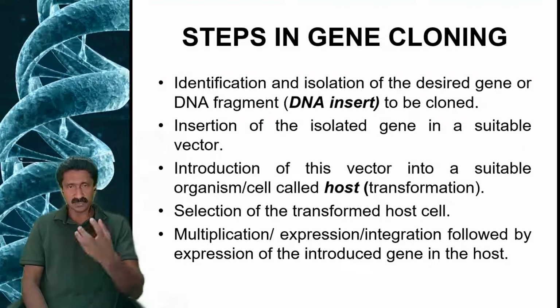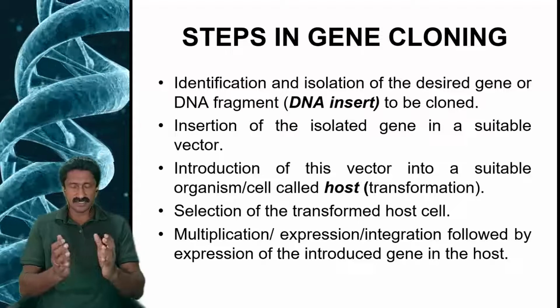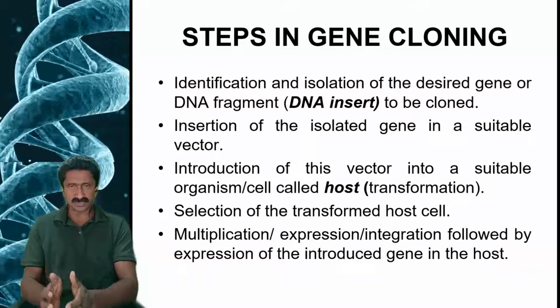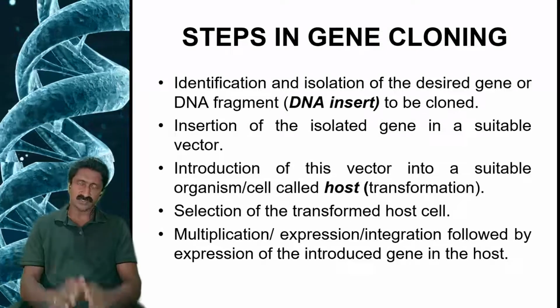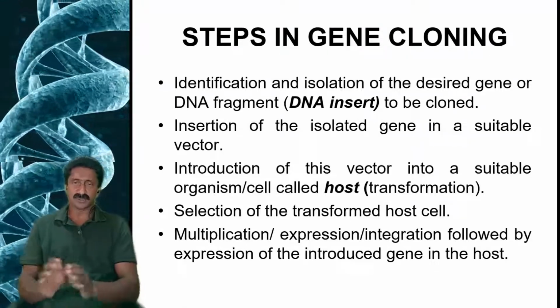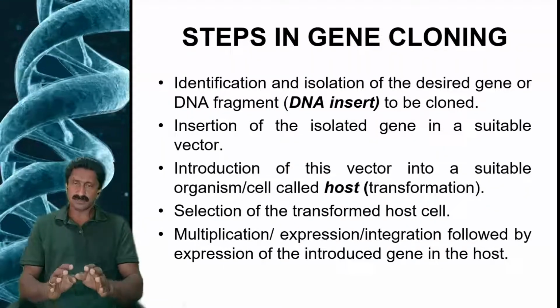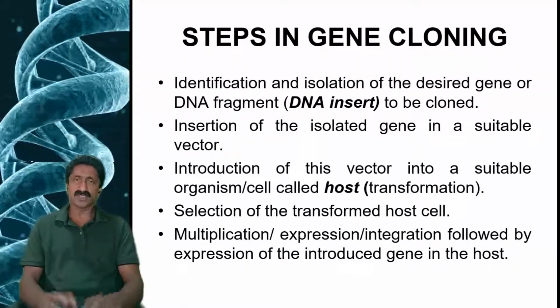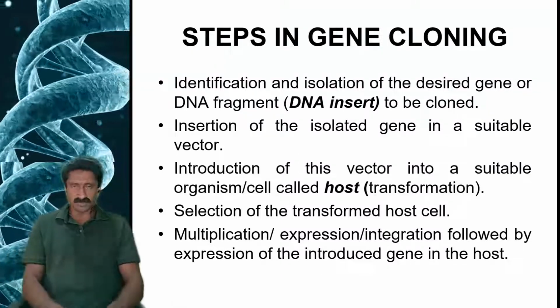So the host cell, in the case of an insulin gene inserted in a plasmid vector and subsequently transferred into E. coli, is the E. coli cell, in which the protein will be expressed in large quantities so that it can be purified and used for some commercial applications.